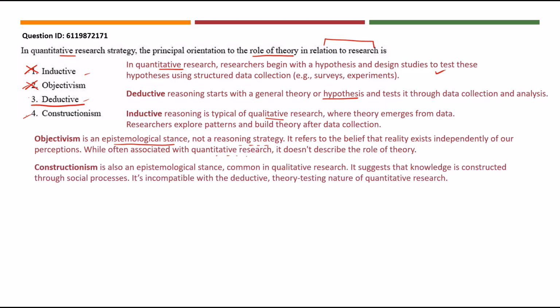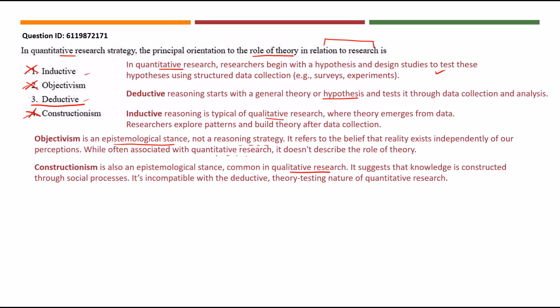What about constructionism? This is also an epistemological stance common in qualitative research. We can rule out option 4. So even though objectivism is associated with quantitative research, it is not a reasoning strategy to describe the role of theory. Here, constructionism is common in qualitative research.